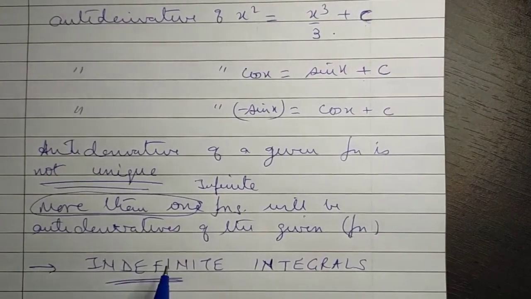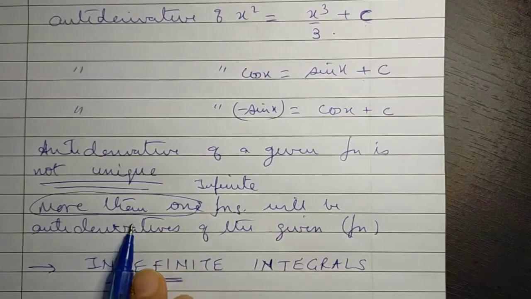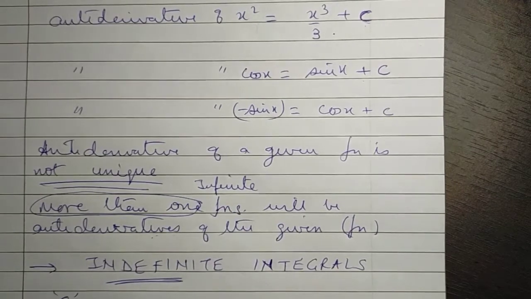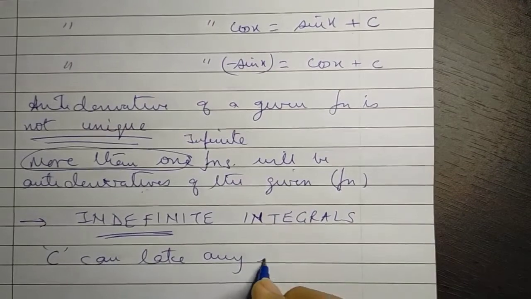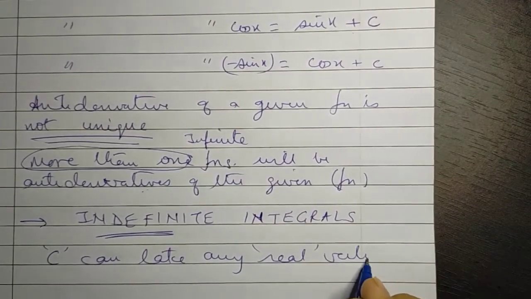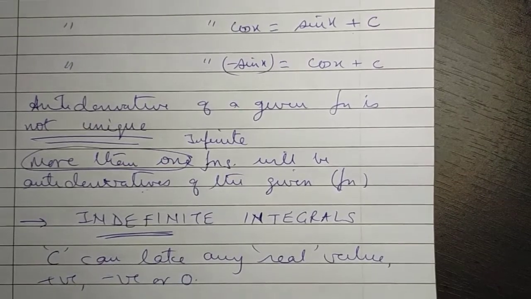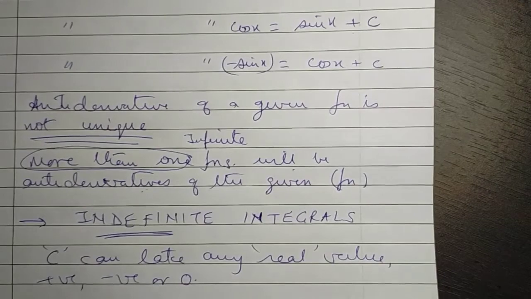Indefinite integrals, because there are infinite number of antiderivatives corresponding to a given function. Here c can take any real value, positive, negative or 0, and so correspondingly you will get different functions which give the same derivative.